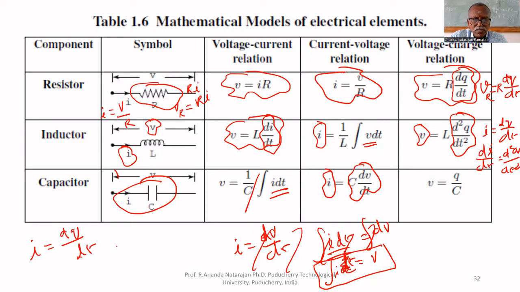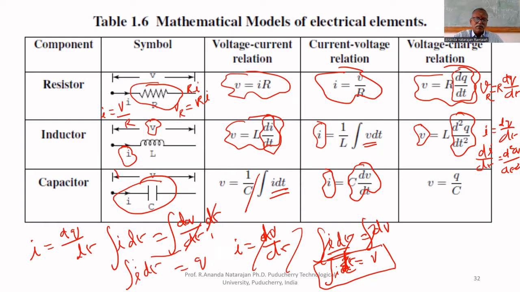If you integrate on both sides with respect to time, integral of dq by dt multiplied by dt, dt gets cancelled. Therefore, you will get q. Q equal to integral of I dt, because I equal to dq by dt.